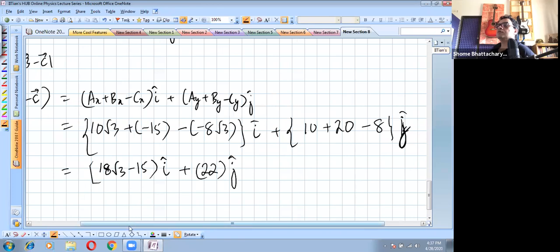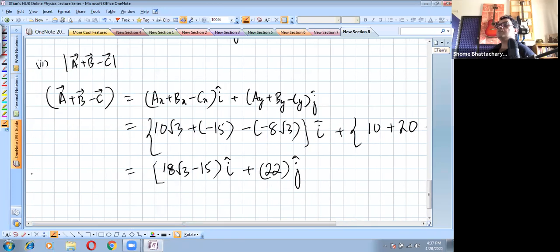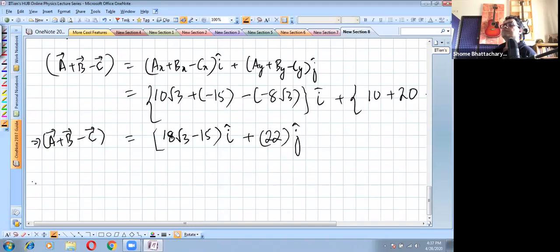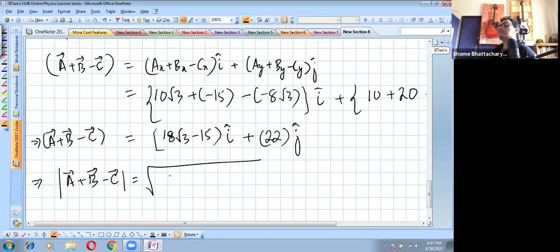Okay. So interestingly, we are still not done with the question, because now what we have found is the vector quantity, which is A plus B minus C. Now still one thing pending for us is we have to find the magnitude of this. So as we have seen earlier, the magnitude of any vector is the square root of the sum of the squares of x and y.